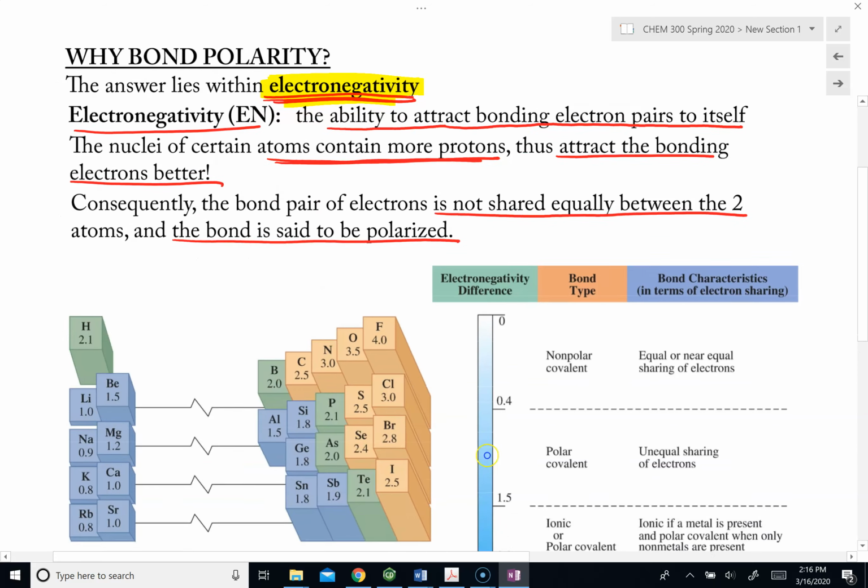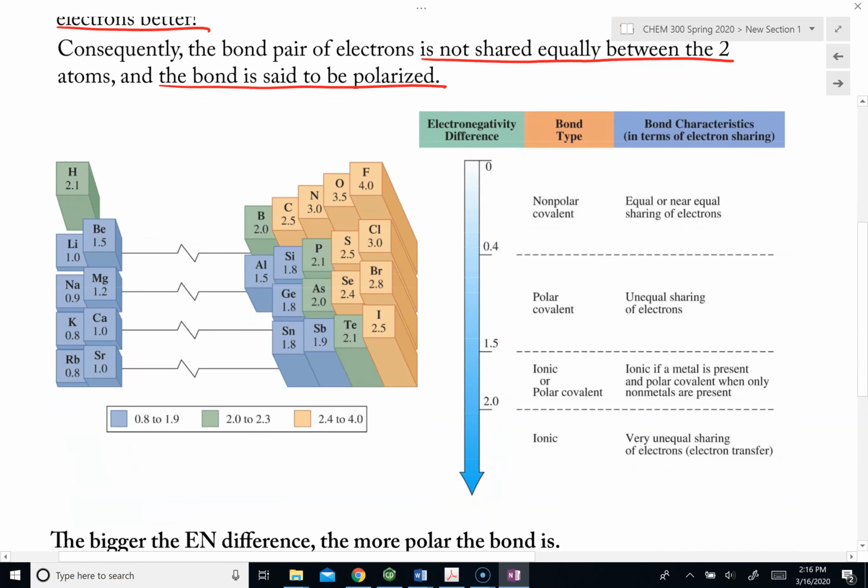Here is a table where we are listing all of these values on the periodic table, and the values you see here are called the electronegativity values. All of these values were quantified by a very famous chemist named Linus Pauling, and he won the Nobel Prize in chemistry for his study of electronegativity.